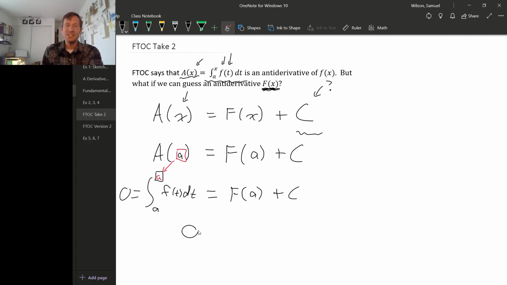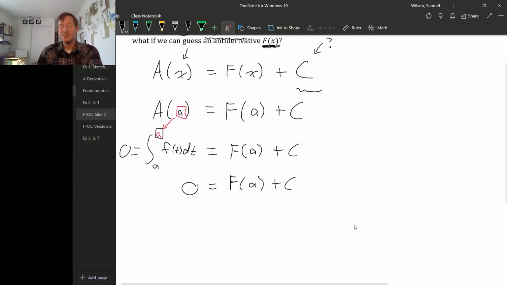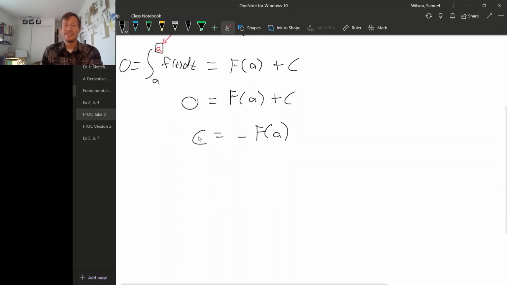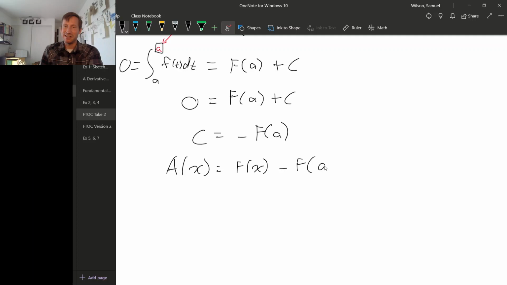And now we have an equation. 0 equals capital F of little a plus c. And we can use this equation to find this unknown constant c. Just move it over. C is negative F of a. And this is really nice because this tells us that capital A of x is capital F of x minus capital F of little a.